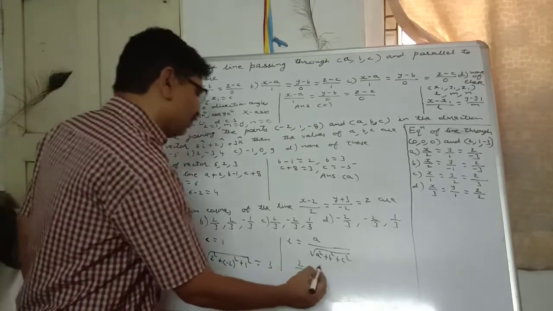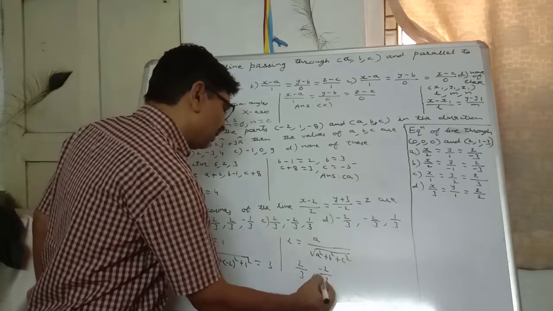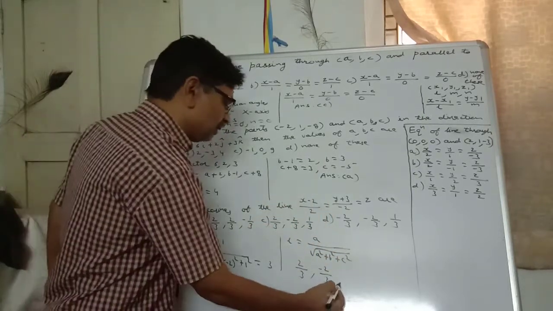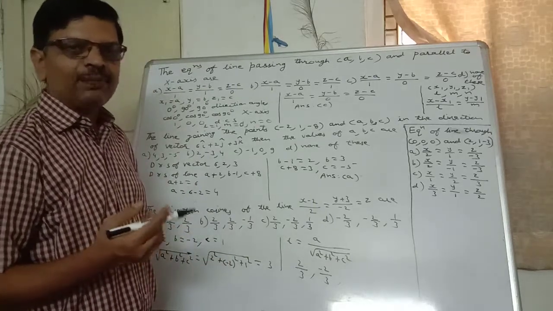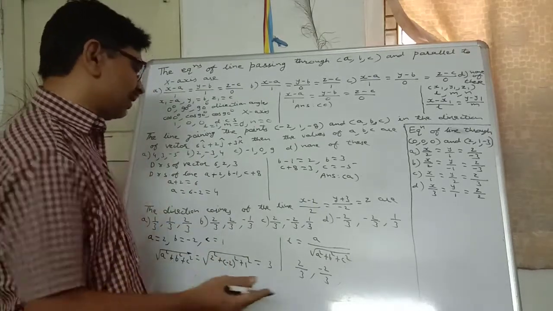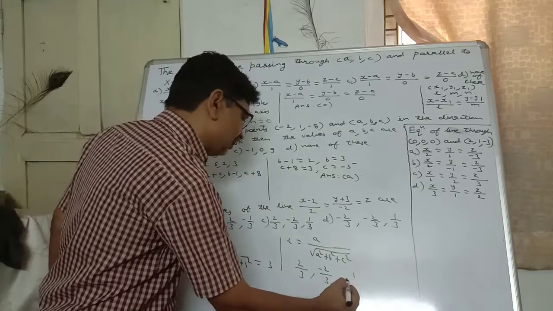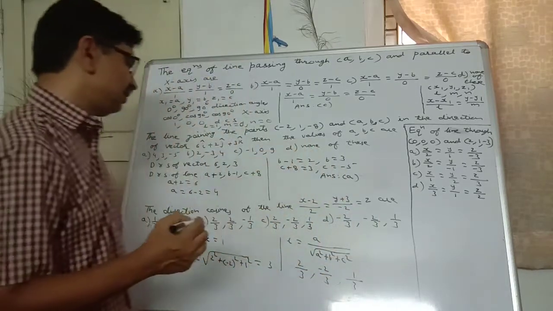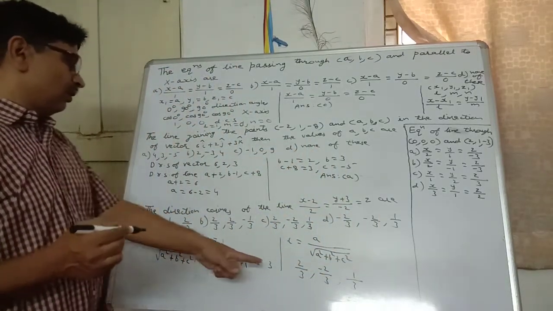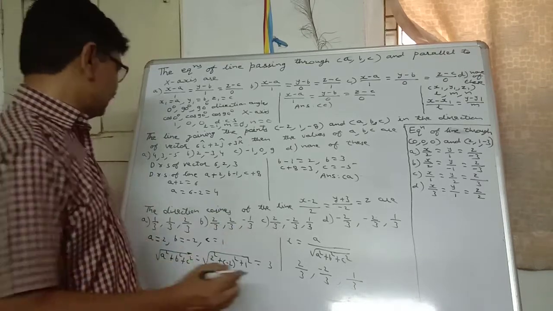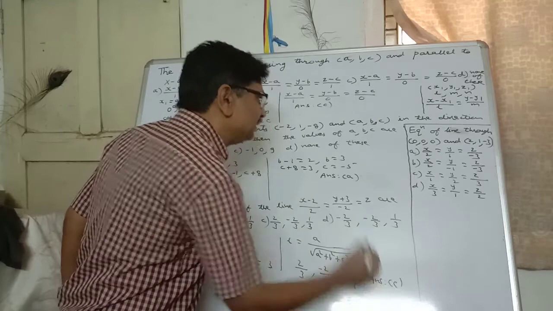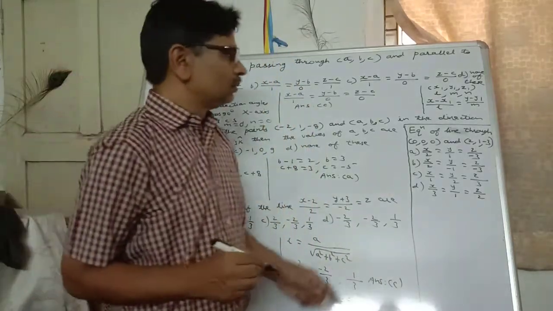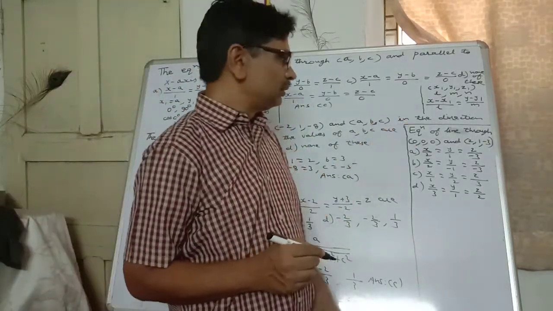The value of b is minus 2. Denominator the same. N equal to c upon the square root of a square plus b square plus c square. c is 1. Denominator 3. Compare it with the options. Here the answer is option C. Next example.